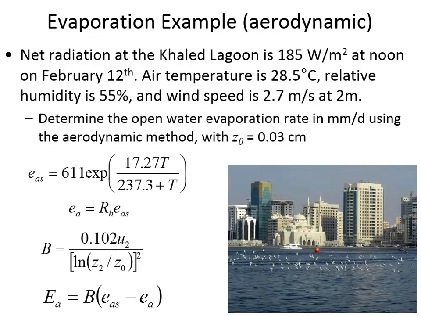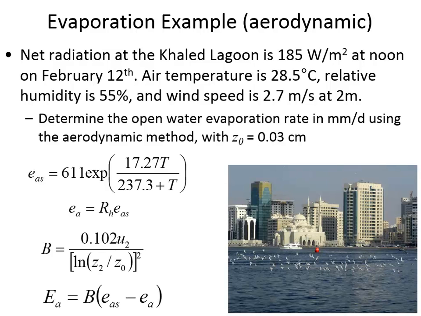Okay, so now we have all that defined. We can estimate B: 0.102 times the quantity U2, and then we're going to have the logarithm of Z2 divided by Z naught, and that all will be squared.